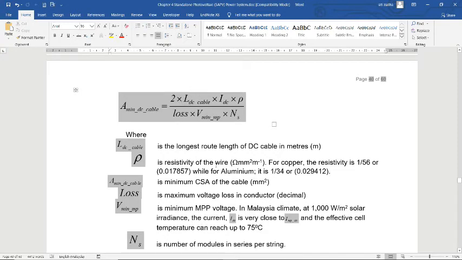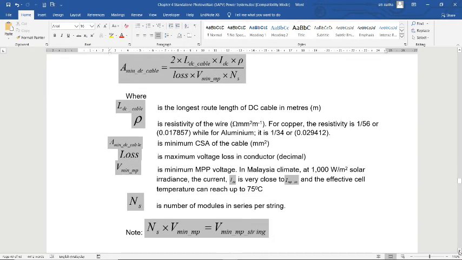L is the longest route length of the DC cable in meters. So this is length. Why do we multiply with 2? Because we have cables from the positive terminal and then going back to the negative terminal. So we have two routes, positive terminal to negative terminal. That's why you multiply with 2. And then multiply with IDC. IDC is the DC current.